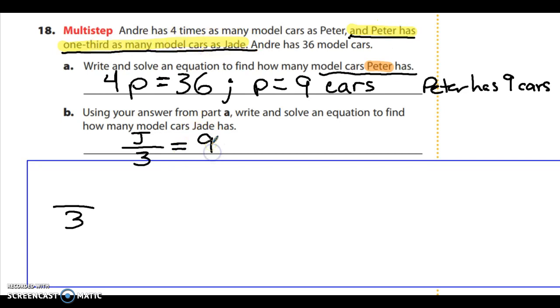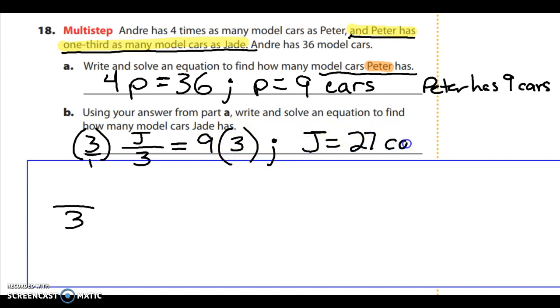And we know from A that Peter has 9 cars. So how do you solve J divided by 3? Well, you multiply by 3. It's 3 over 1, but whatever, it's 3. If you multiply 9 times 3, you get 27. Jade has 27 cars.